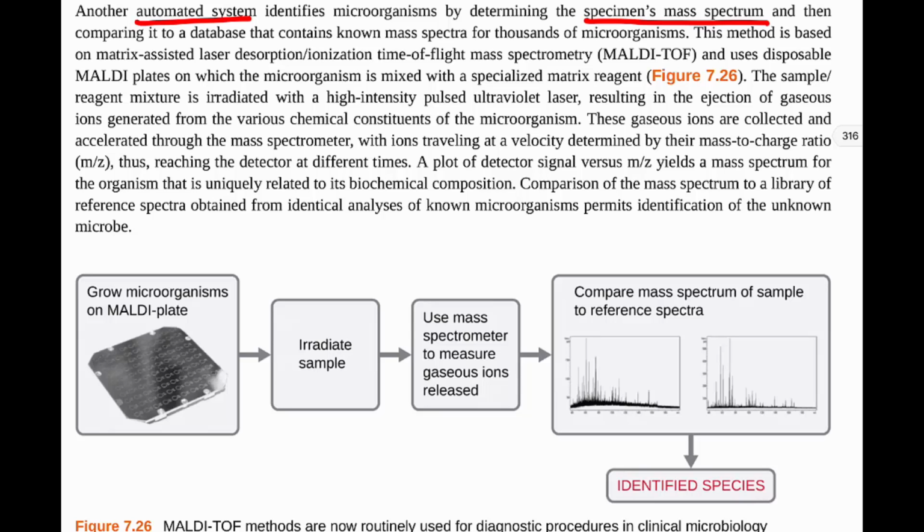I just wanted to briefly scratch the surface of some of these things so you understand that small laboratories may use test tubes and plates, but a lot of the really large, highly processed companies are going to be using things like mass spectrometry versus test tubes and a person actually handling the organism. In this case, they use mass spectrometry and then compare it to a database that contains the mass spectra for thousands of microorganisms.